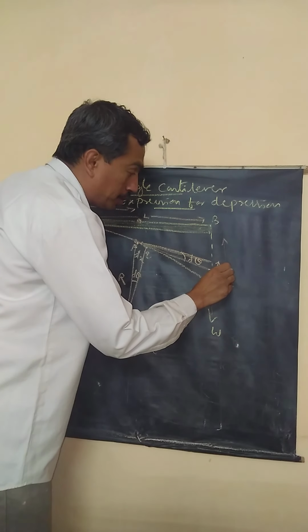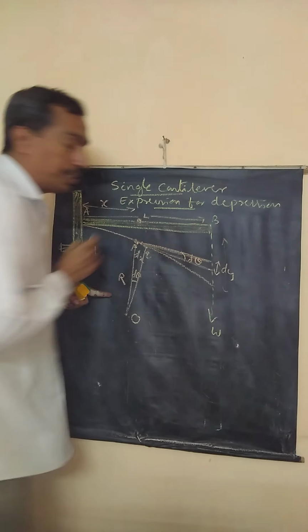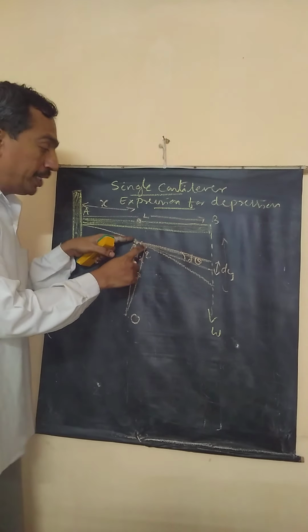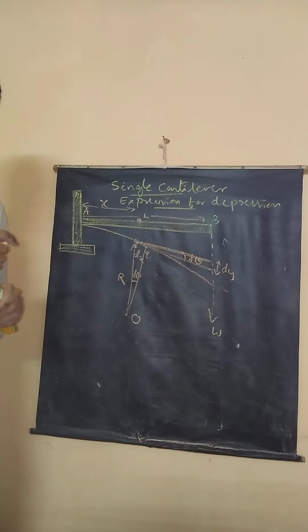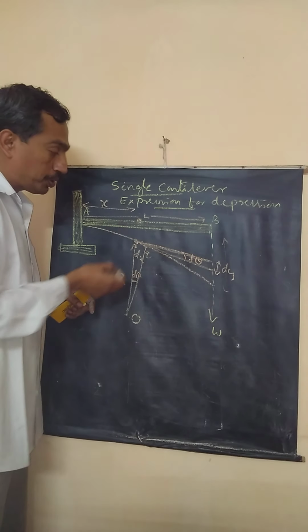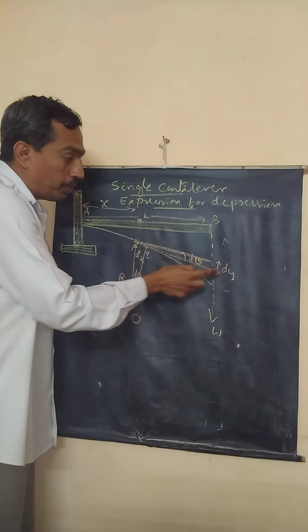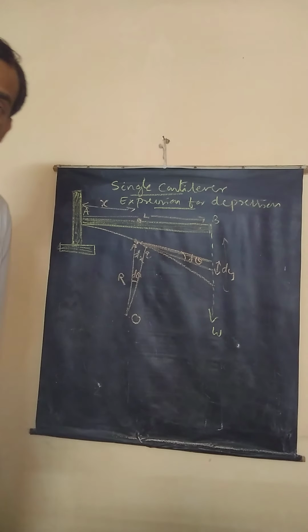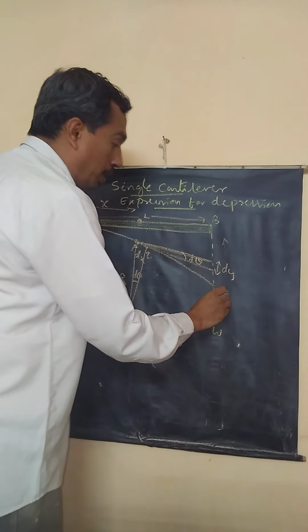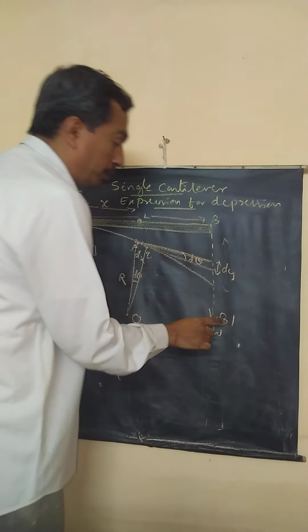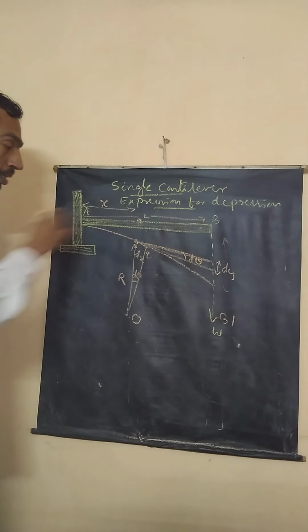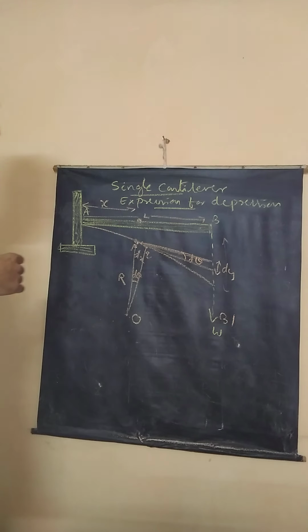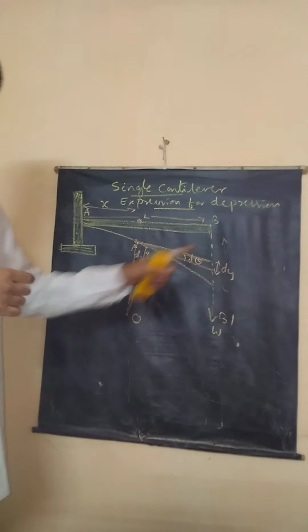So this is the very small depression from P to Q. I have to find the depression from here to here. So the depression produced between P and Q is this, due to this load. Now B prime will be the final position of B.